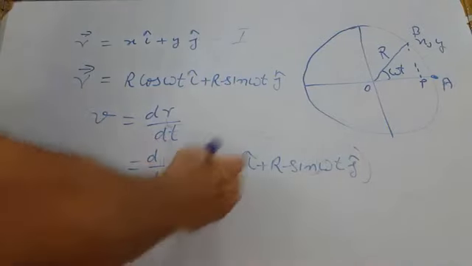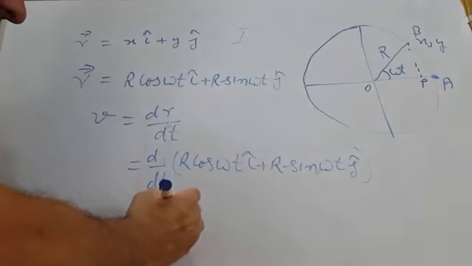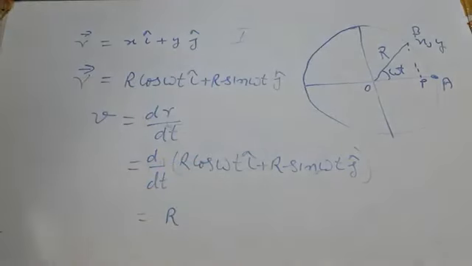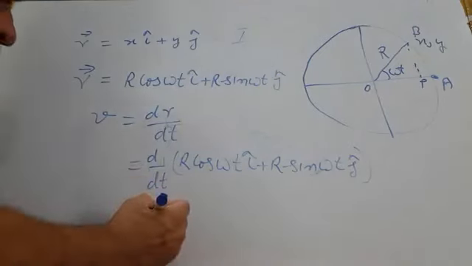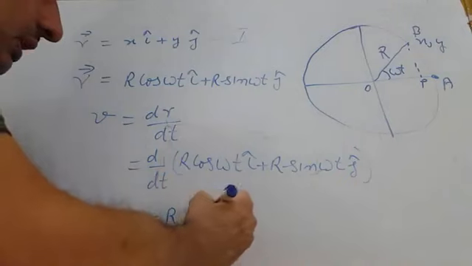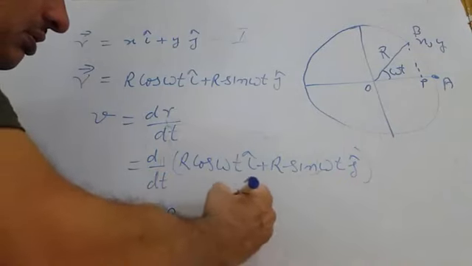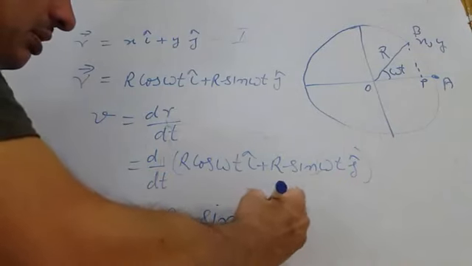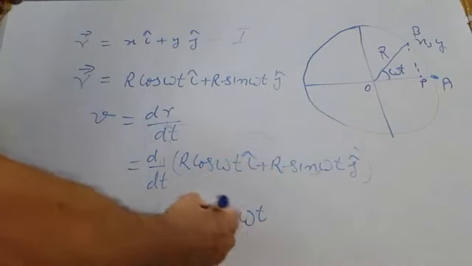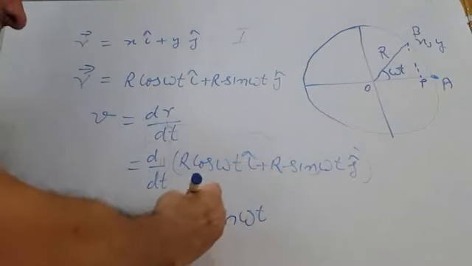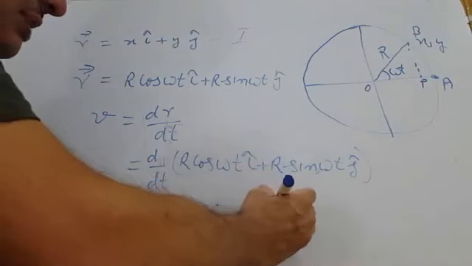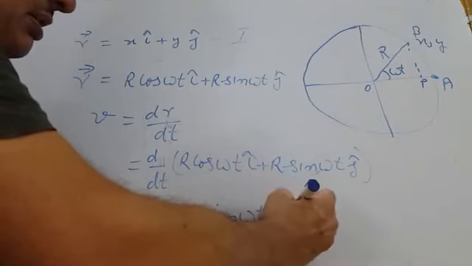R is the radius, it is constant, so you can write it as it is. Differentiation of cos theta, we have studied, will be minus sin theta, so this sign will become negative: sin omega t. Differentiation of omega t is omega, so it will be multiplied by omega. And direction is along the x-axis, so that will be i.